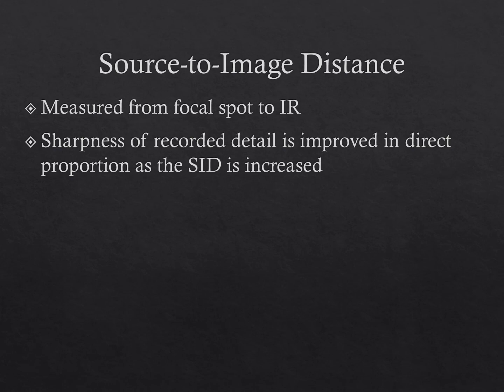That's not possible, so I will put the patient in a PA position. That's why I increase my SID, so I can compensate for some of that object to image distance. I move my SID back, therefore reducing the visualization of magnification of the heart caused by that increased OID, by increasing the SID.